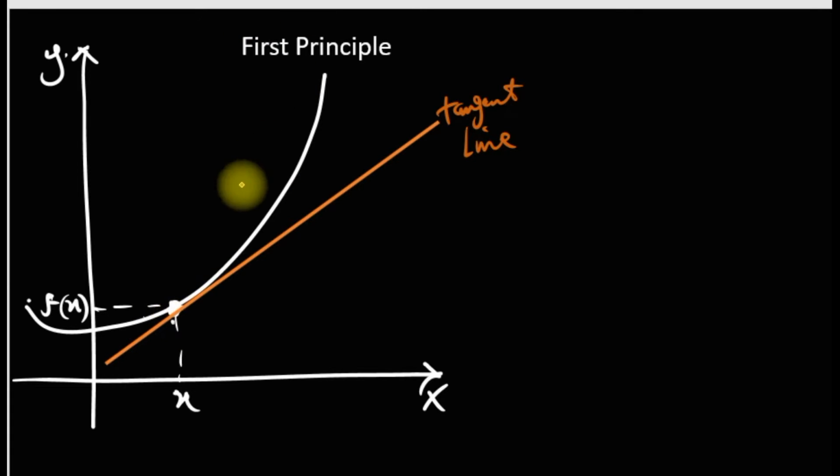So to find the slope of this tangent line, that's our target. But from the definition of the slope of a line, we need an extra point to find the slope of a line.